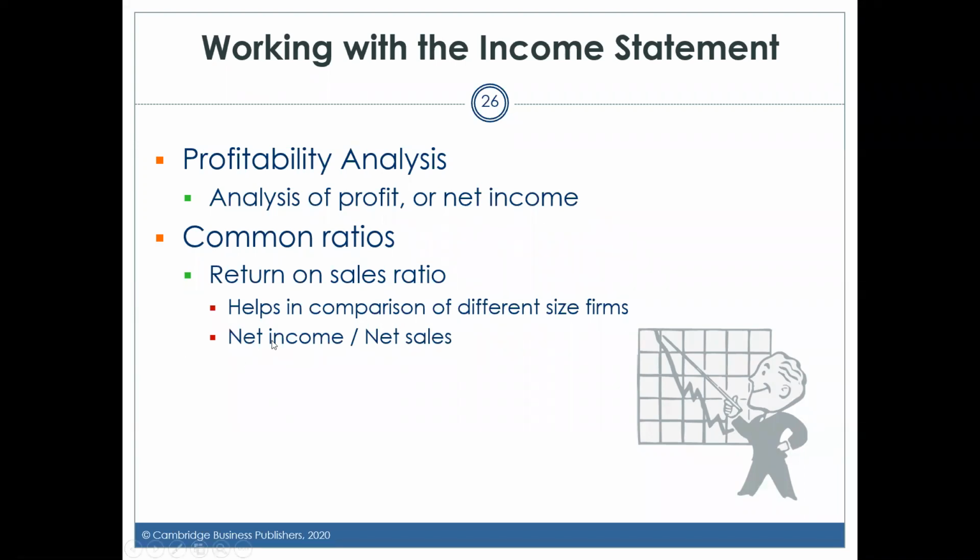Again, the numerator, net income, is equal to net sales minus all the expenses. So we could reformulate this ratio as net sales minus all the expenses, divided by net sales.